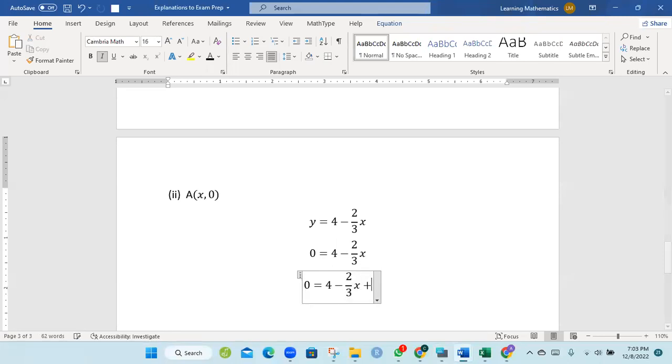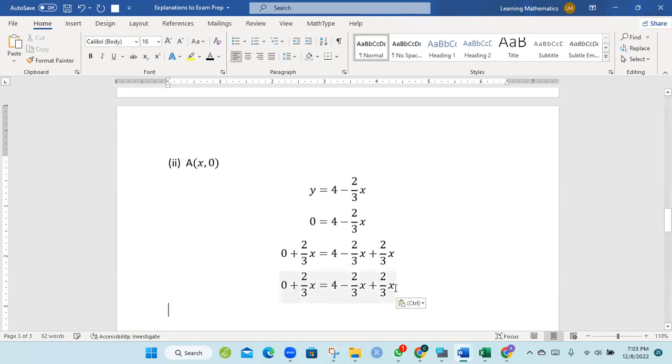We have to cancel out the negative 2/3 x from the right side. If we add 2/3 x on the right, we have to add 2/3 x on the left. So the negative 2/3 x cancels out, and we have 2/3 x is equal to 4.